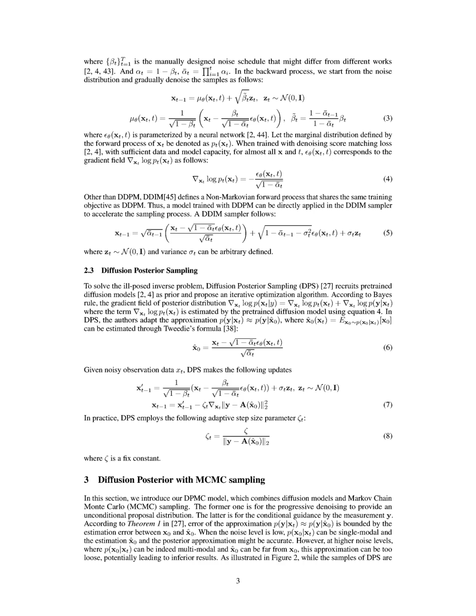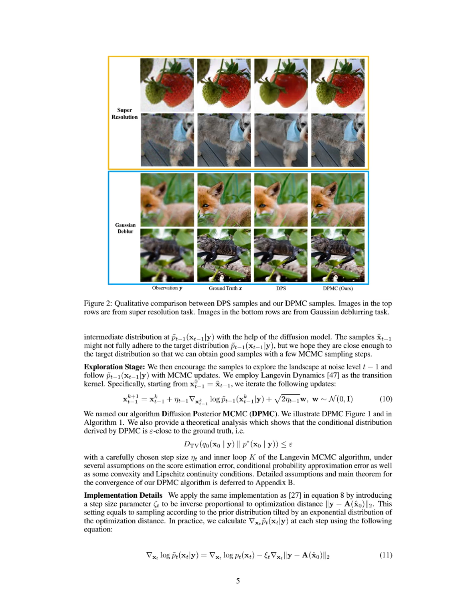For example, at a moderate noise level, t, the algorithm generates a proposal sample, x_{t-1}, by denoising x_t using the diffusion model. This sample may not fully adhere to the target distribution, p_{t-1}(x_{t-1}|y), but it serves as a good initialization. The next step involves applying MCMC updates, specifically Langevin dynamics, to iteratively refine x_{t-1} towards p_{t-1}(x_{t-1}|y).